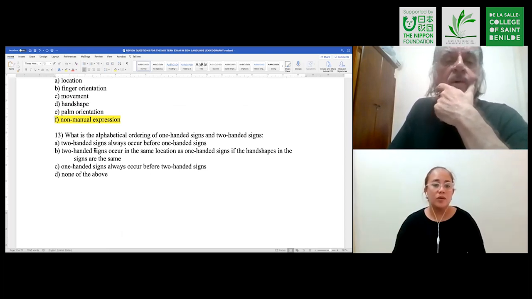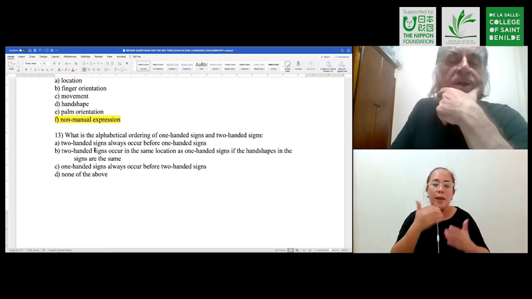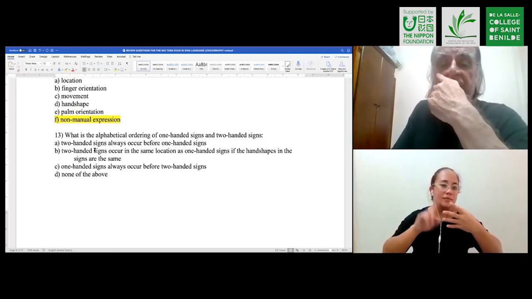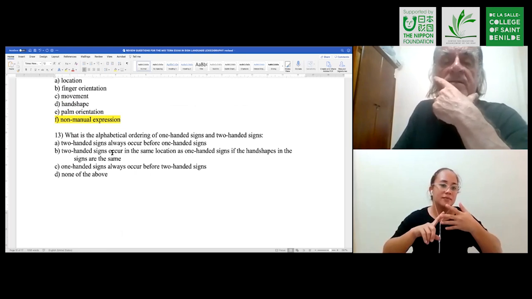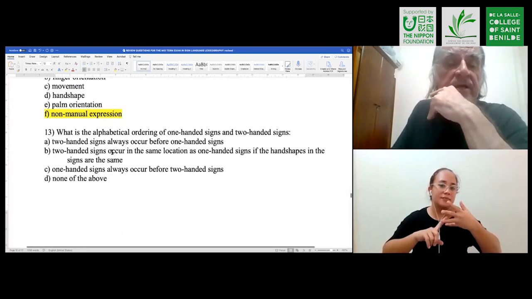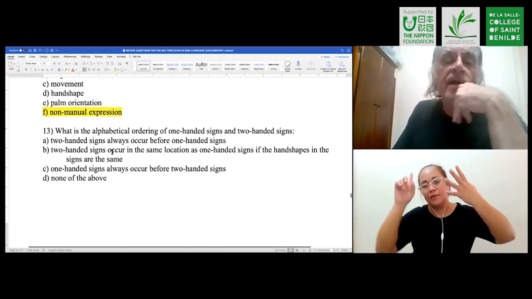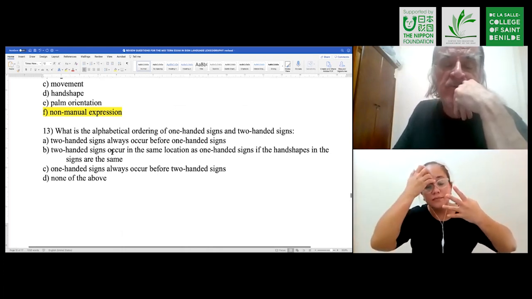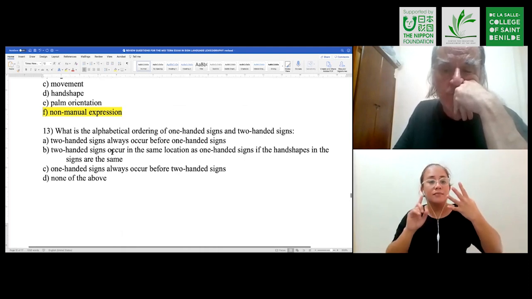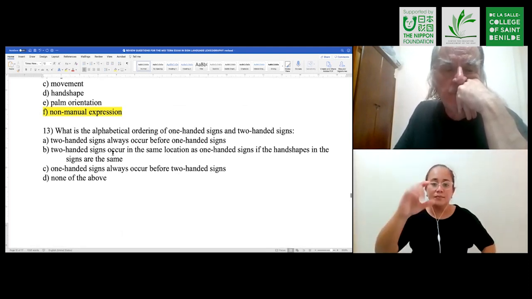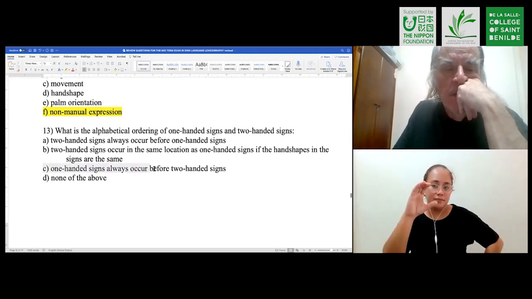Two-handed signs always occur before one-handed signs. Two-handed signs occur in the same location as one-handed signs if the hand shapes and the signs are the same. Or C, one-handed signs always occur before two-handed signs. I see C. C is correct. Okay.